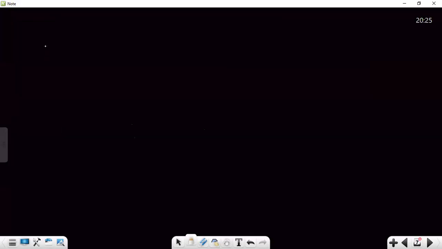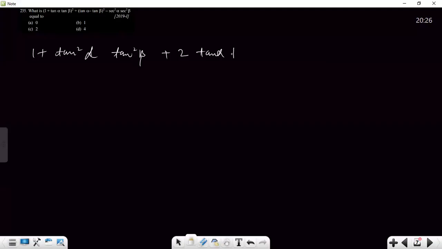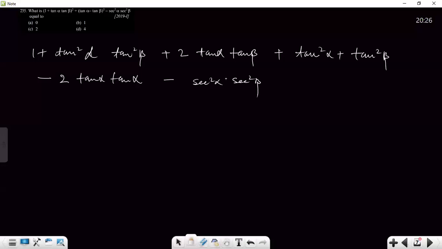So let's first paste it. Let's expand 1 plus a square plus b square, so tan square alpha into tan square beta, plus 2ab, that is 2 tan alpha tan beta, plus tan alpha minus tan beta whole square, a minus b whole square, so a square plus b square minus 2ab, minus sec square alpha sec square beta.